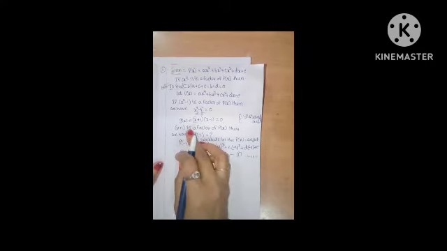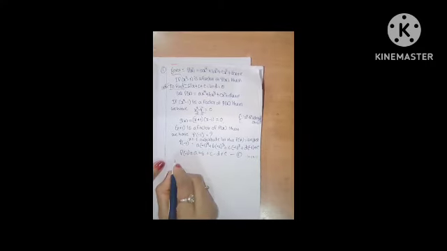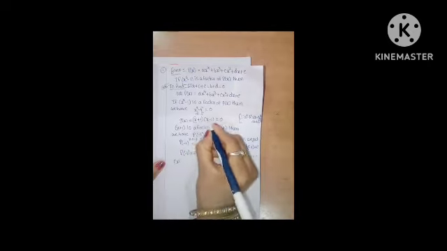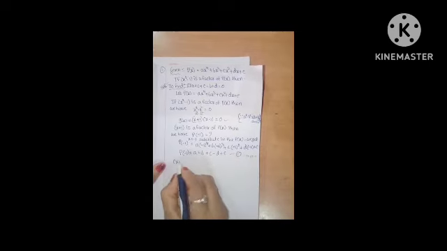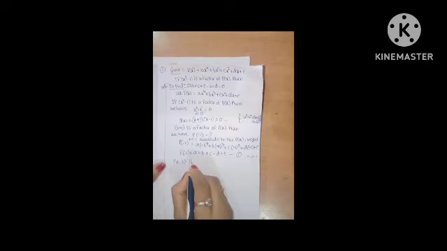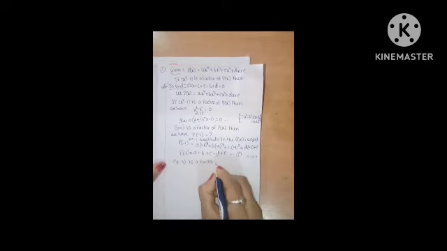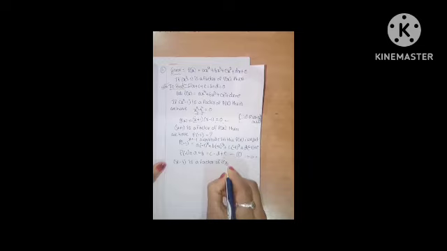Next, another factor. What's the other one? X minus 1. X plus 1, this value you get. And next, another one is x minus 1, is a factor of p of x.